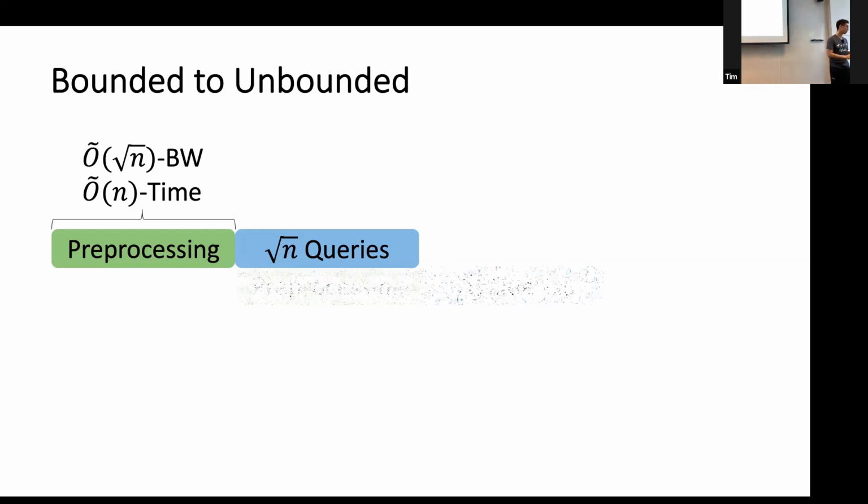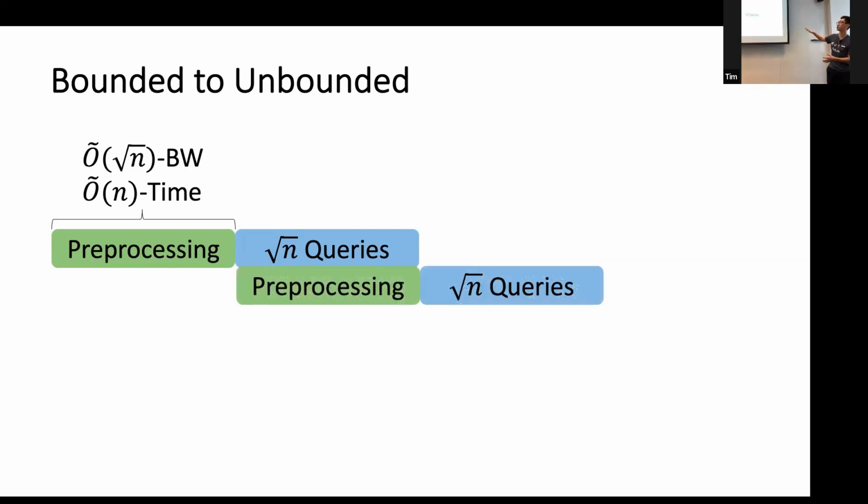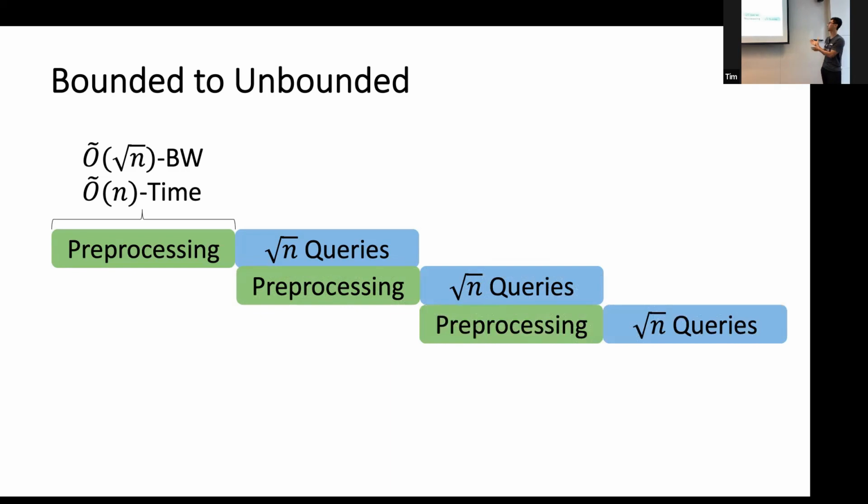And then we simply stack them together. Let's say we stack the second instance of the bounded scheme, and we run the preprocessing phase of the second scheme in parallel with the first instance's online phase. Okay, we stack them together, and we keep doing the stacking. This is somewhat like doing pipelining in computer architecture.